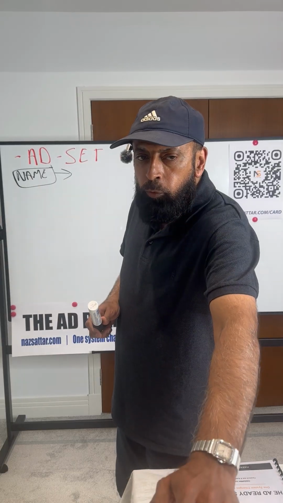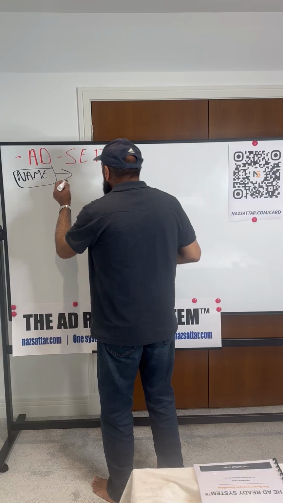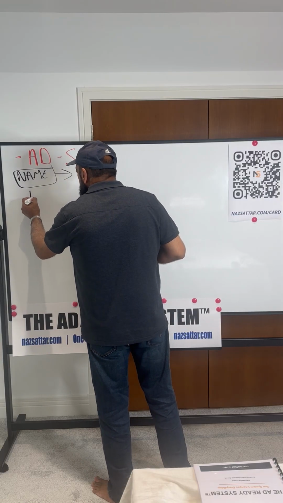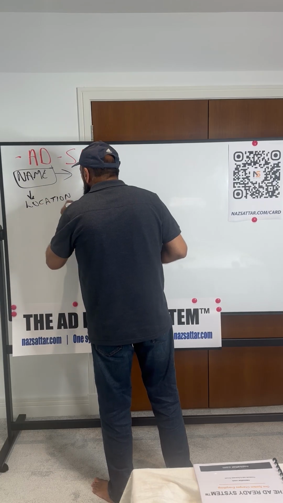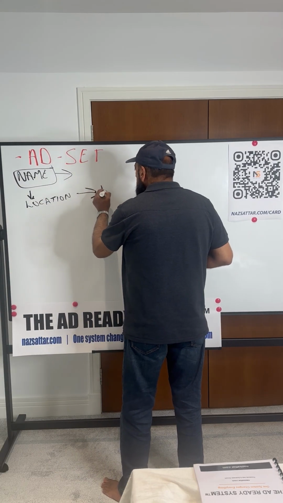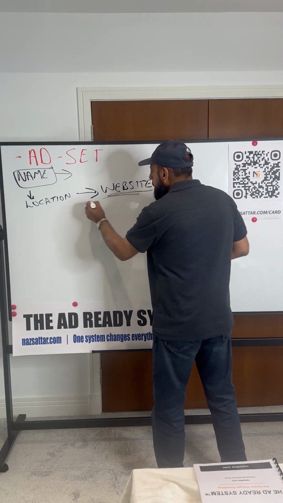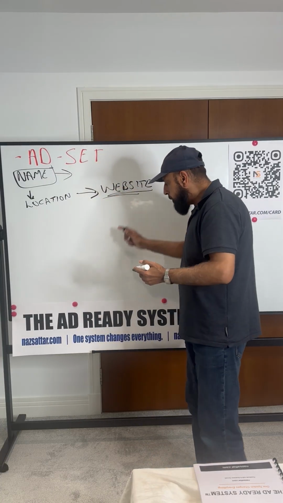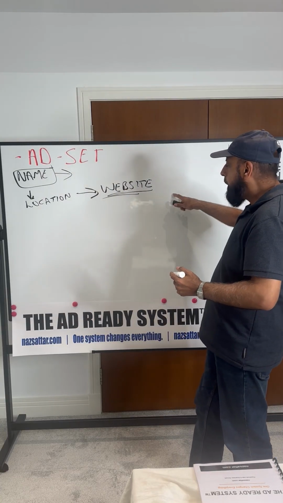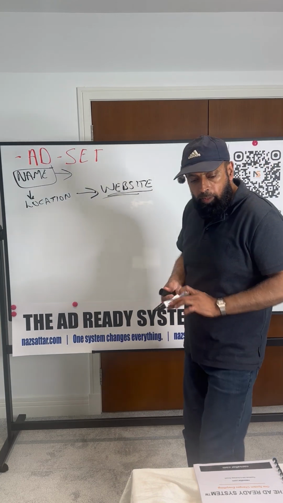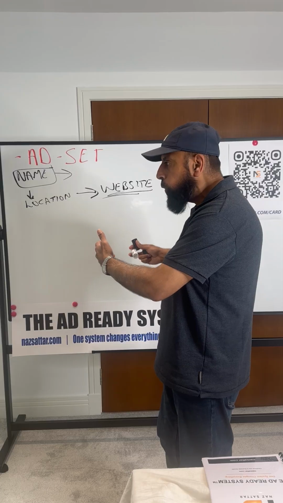So remember, don't accidentally choose the wrong one. So we're going to be going for website, because that's where I want everybody to go to. I want everybody to go to my website here, nasatar.com, to have a look and buy my ad ready system. So that's my goal here.